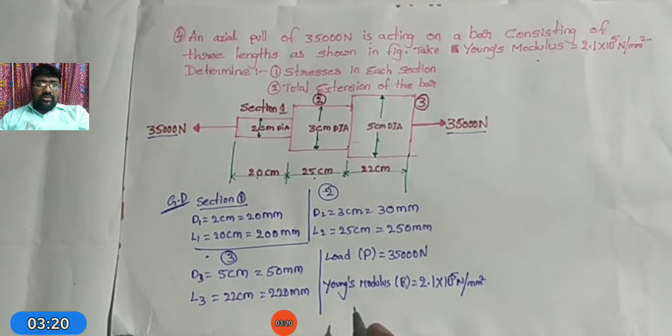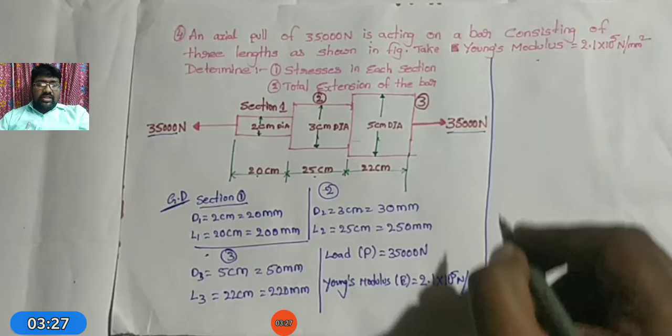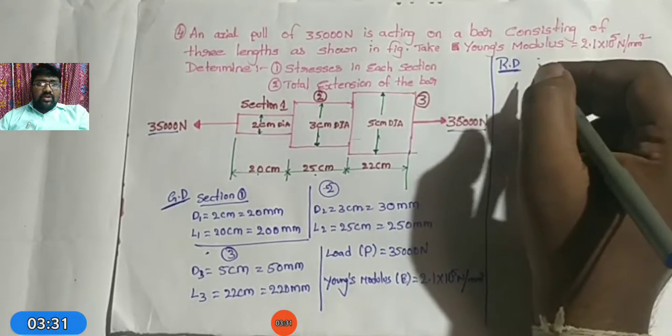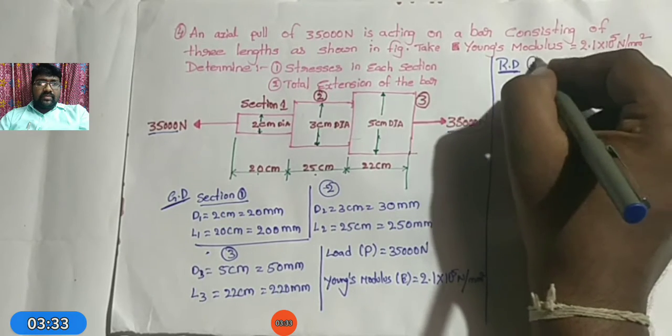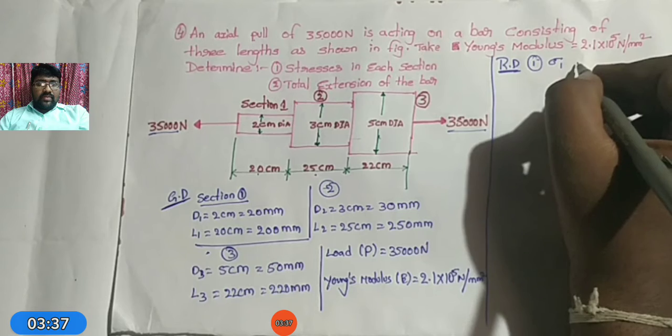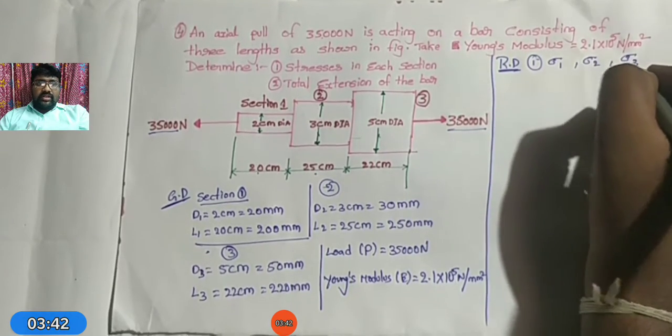We need to calculate the stresses in each section and the total extension. Stresses in each section means sigma 1, sigma 2 and sigma 3.